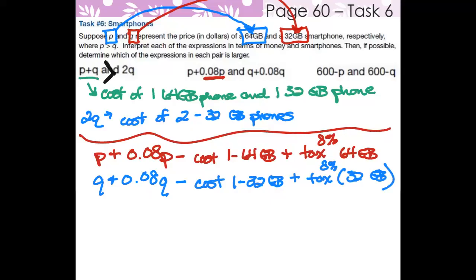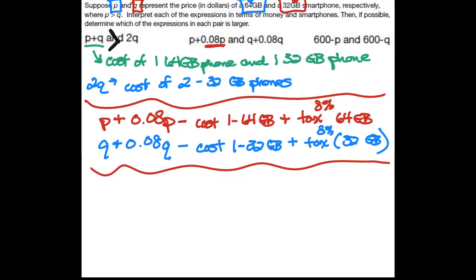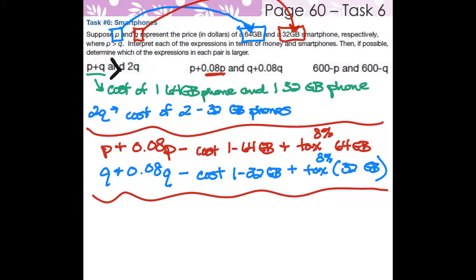Okay, so in this case, which of these is going to be larger? P plus 0.08 P or Q plus 0.08 Q? We don't even know what the amounts are. How can I determine that, Miss Thede? How can I tell that? Sajan? What did they tell us back in the original problem?